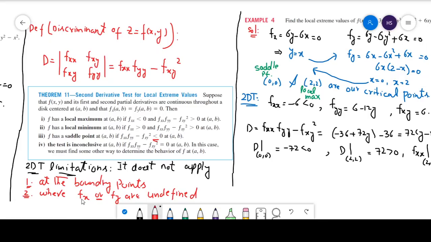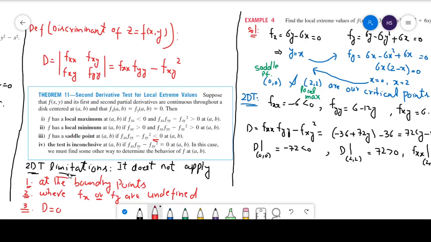If either fx or fy or both of them are undefined, the second derivative test fails, because it explicitly says that fx at (a, b) and fy at (a, b) must be equal to 0. And the third is where the discriminant is 0. Our second derivative test also fails at the boundary points, because it says throughout a disk centered at (a, b), so there must be a disk contained in the domain about (a, b).